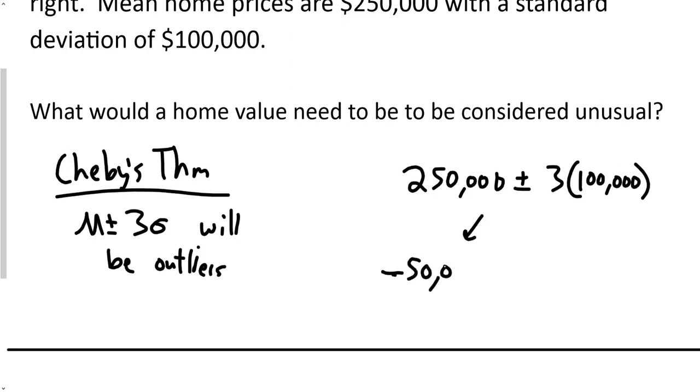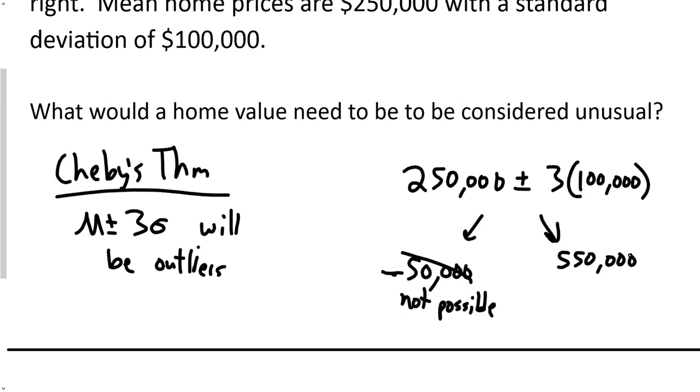Now that doesn't make sense. You can't have a negative $50,000 home. Not possible. So we don't even look at the lower bound because nothing is going to be less than that. However, the upper bound, if you add 300,000 to that, you'd be at 550,000.